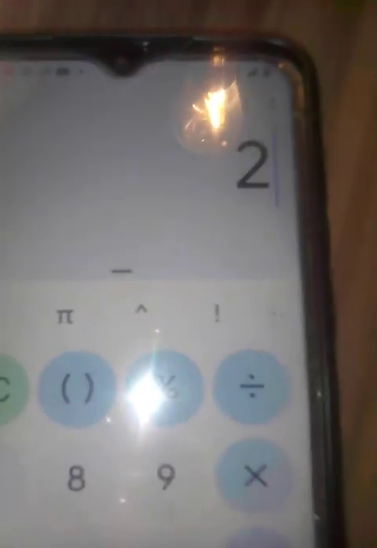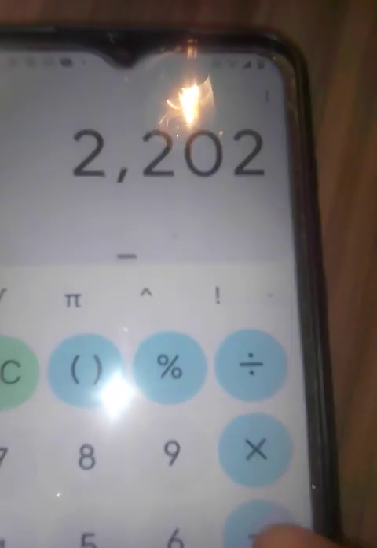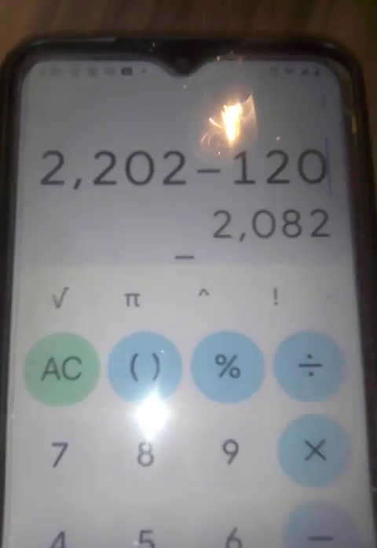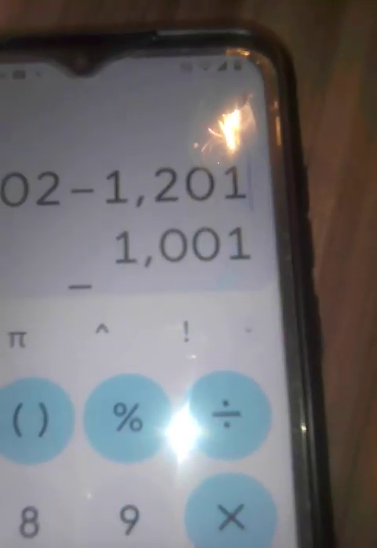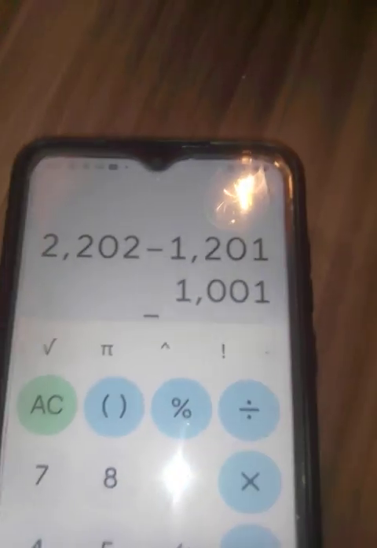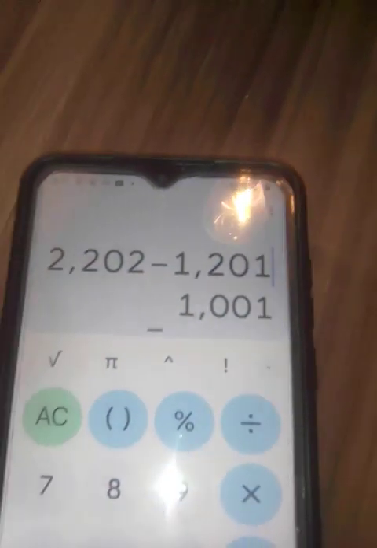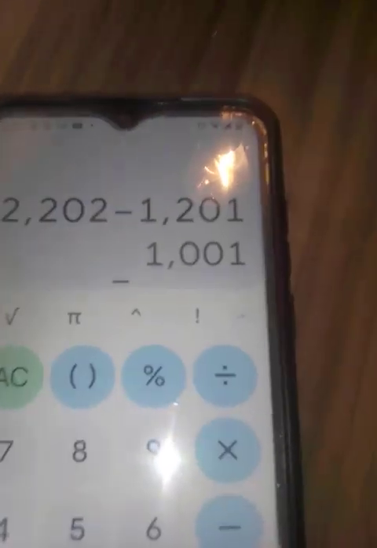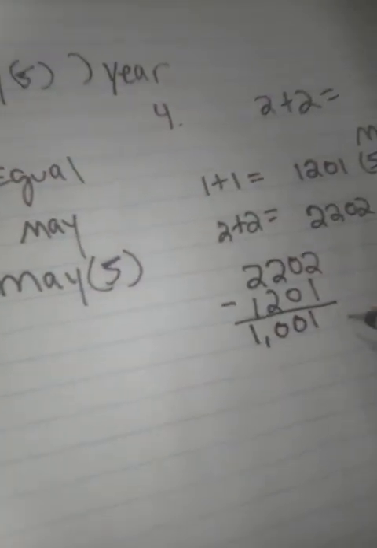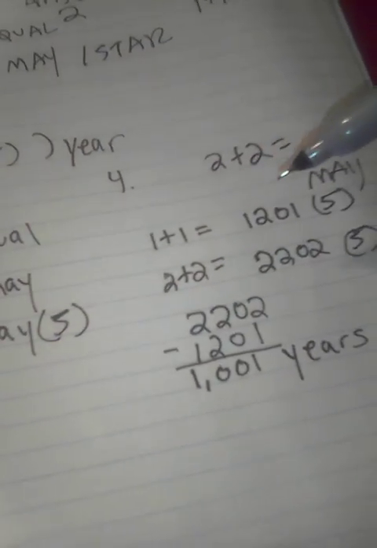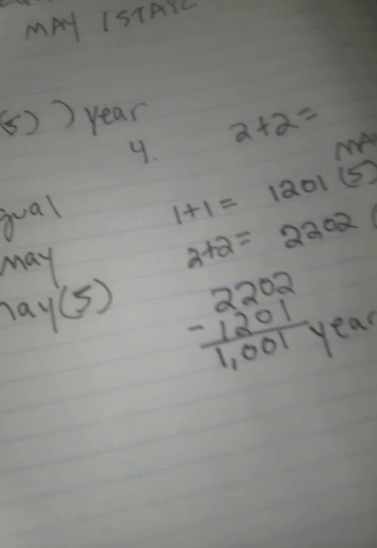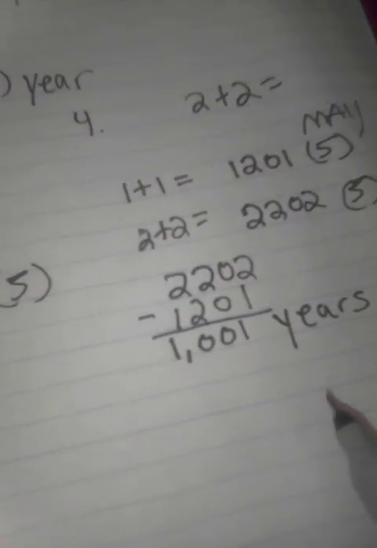All right, 2202 subtract 1201. Okay, so when you subtract the year 2202, which is 2 plus 2, from the year 1201, which is 1 plus 1, you get 1,001 years. You get 1,001 years. So when you subtract 1201 from 2202, you get 1,001 years.